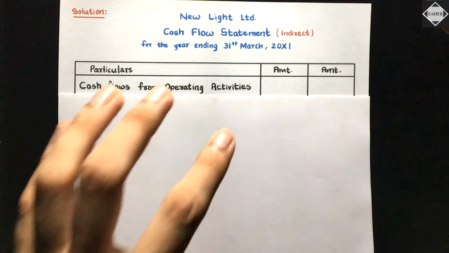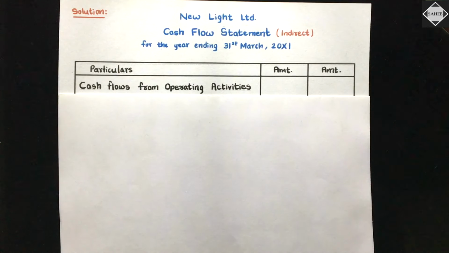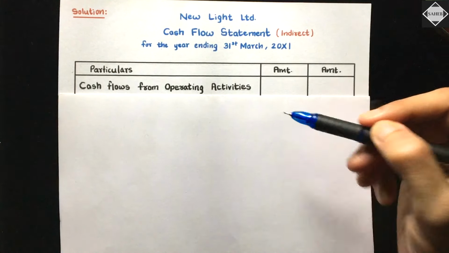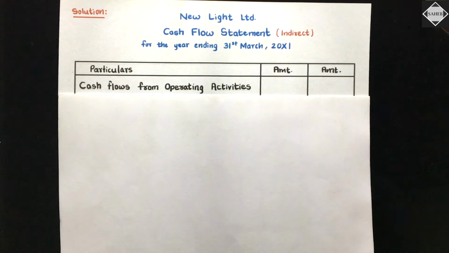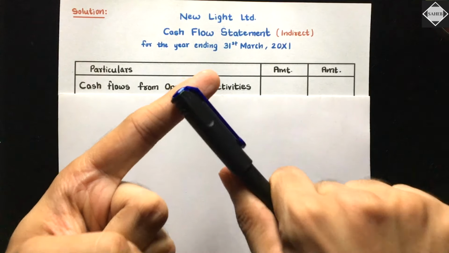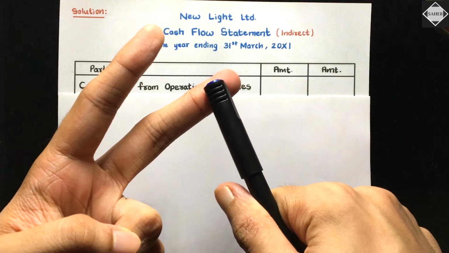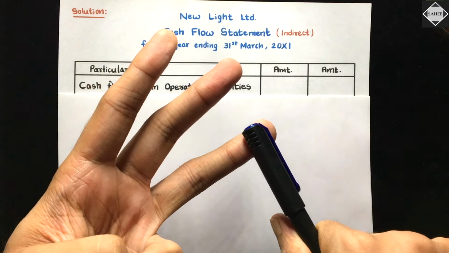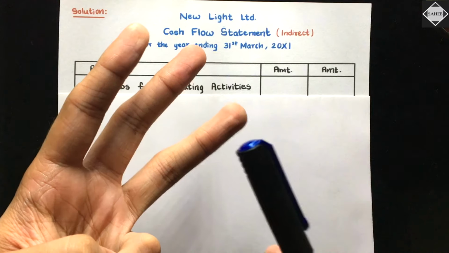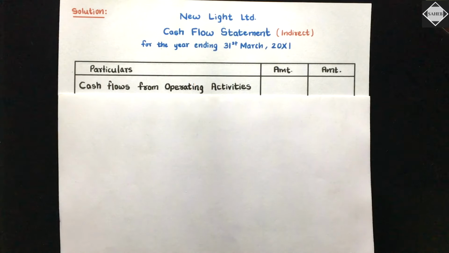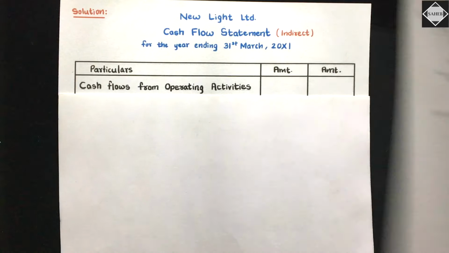So first, let's start from cash flow from operating activities. Now you all know in the indirect method we start from profit. First priority we give to net profit before tax, then net profit after tax, and if that is also not available, then we have no choice but to start from retained profit, retained earnings. How will we get retained earnings? In this question, you all know there was an inventory adjustment.